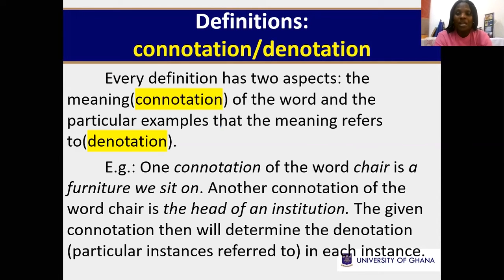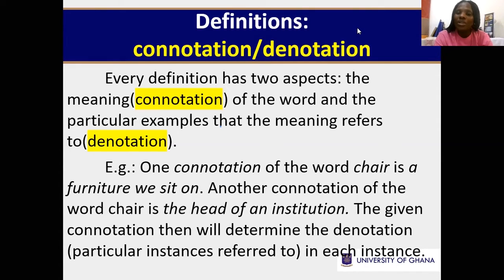So for example, if I say a chair is any object we sit on, that's quite blunt, but let's use that. A chair is any object we sit on. I have just given you a connotation of the word chair, what it connotes, what it means, what it stands for, a criteria. Okay.